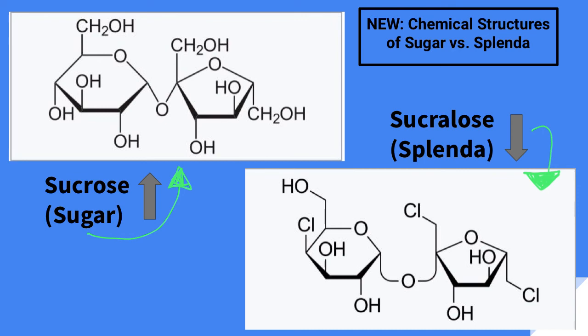So in this first one up here, in sugar, you see a lot of carbons, you see some hydrogens, you see oxygen, and that's pretty much all you have. You have oxygens, you have hydrogens, and you have carbons. And those are pretty much the only elements that are in sugar. Now, if you look at the Splenda, look carefully.